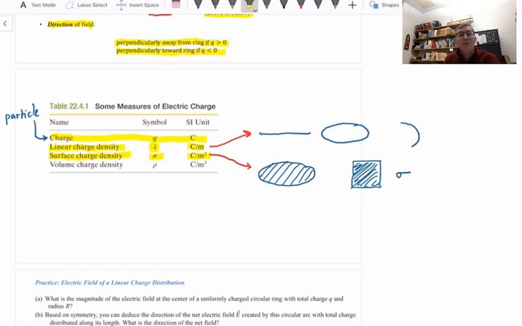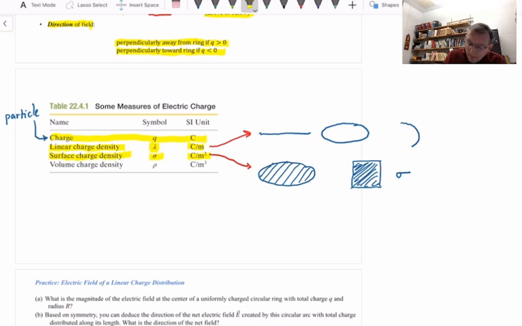So, if it's a line distribution, you have a linear charge density, lambda, in coulombs per meter. If it's a surface charge distribution, then you have a surface charge density, sigma, in coulomb per meter squared.